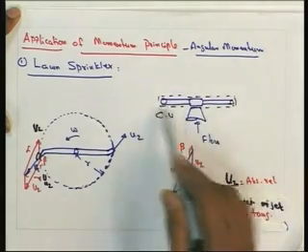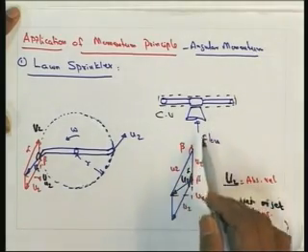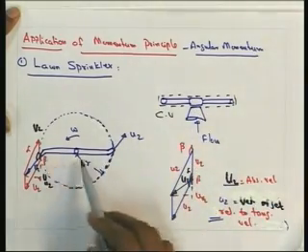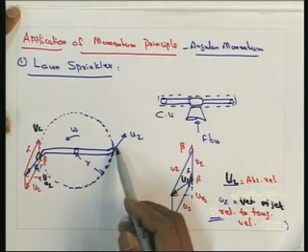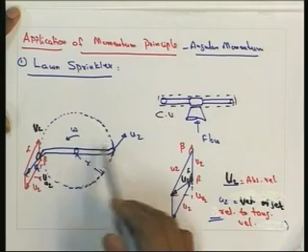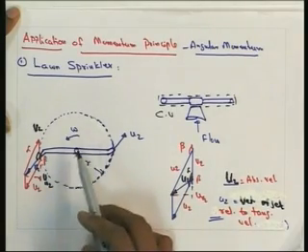Now we can consider a control volume like this. Once the water flows through the sprinkler system, the water will go in this direction and the other direction through the two nozzles, and then the system will be rotating.